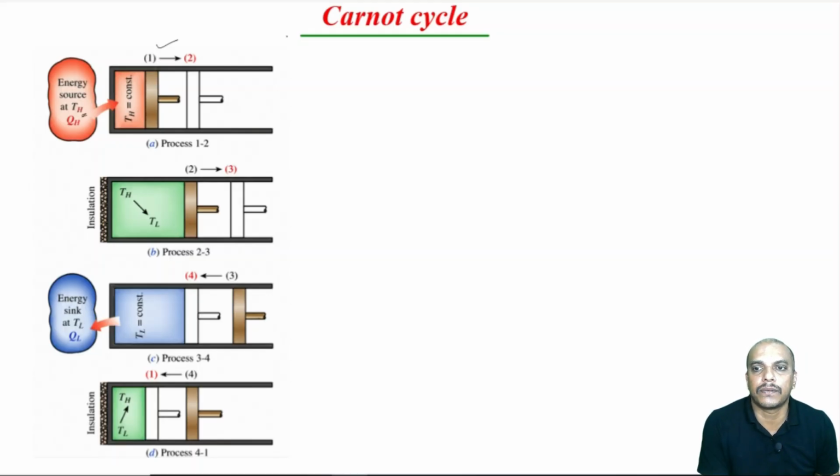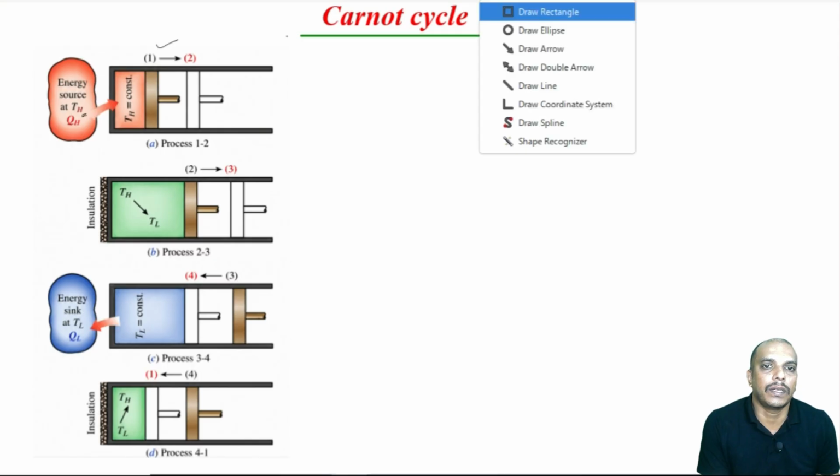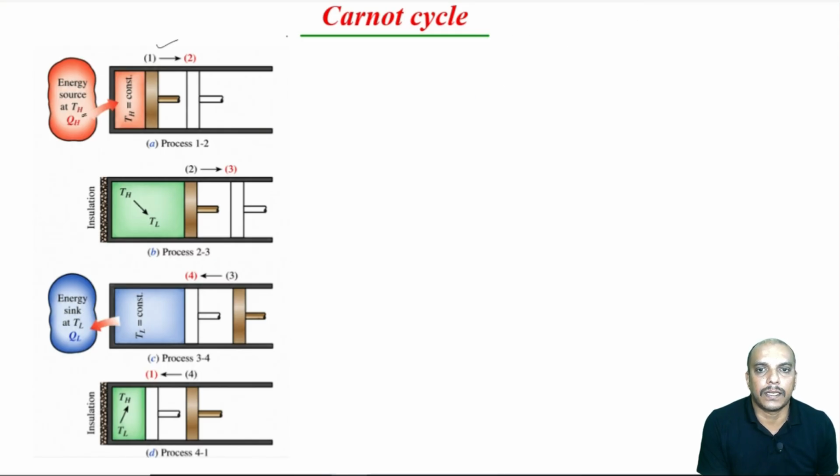Let us say the temperature of that energy source is TH. Now, we are adding the heat at a constant temperature. That is what is very important for a Carnot cycle.